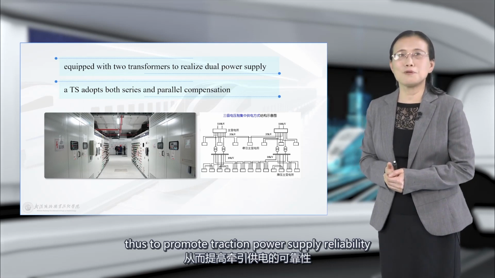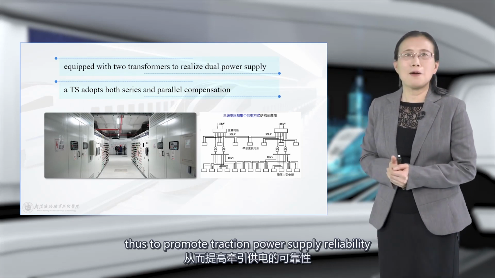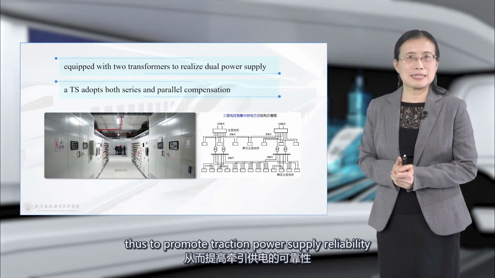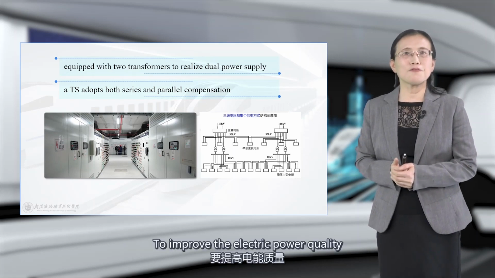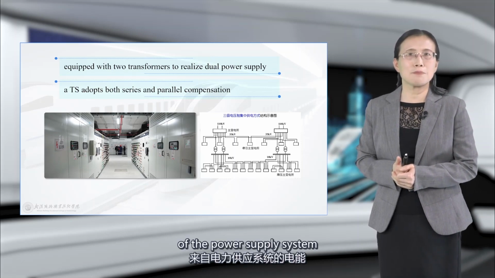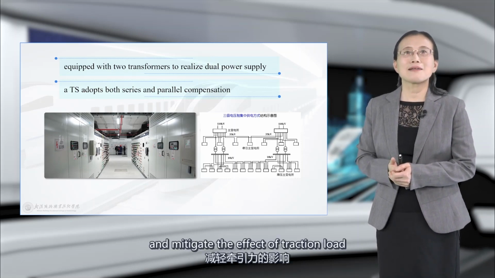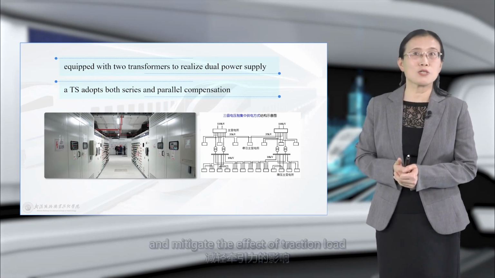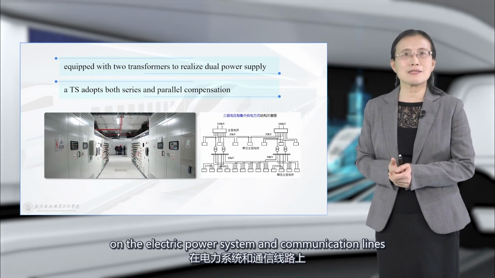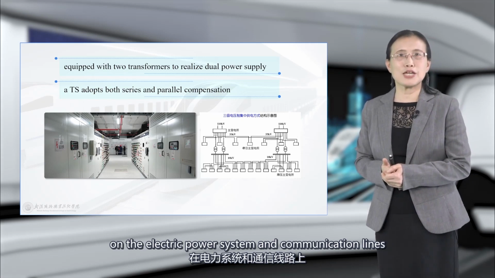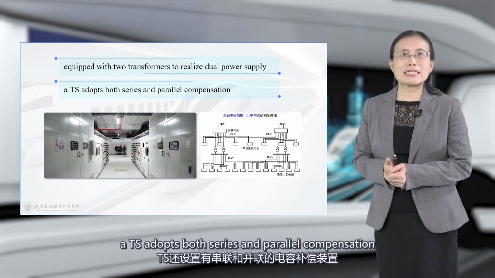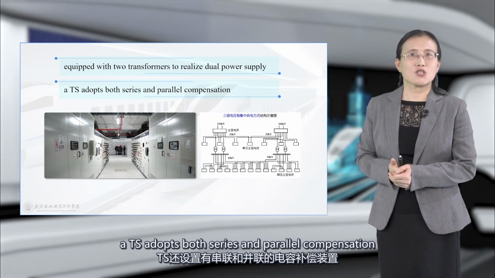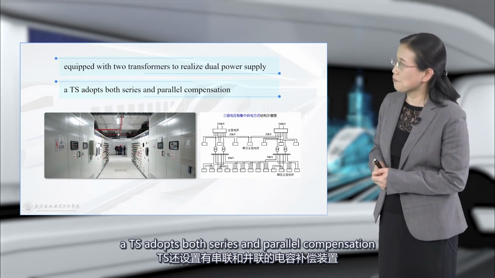Thus, to promote traction power supply reliability, to improve the electric power quality of the power supply system, and mitigate the effect of traction load on the electric power system and communication lines. A TS adopts both series and parallel compensation.